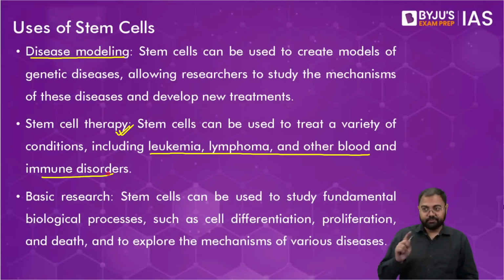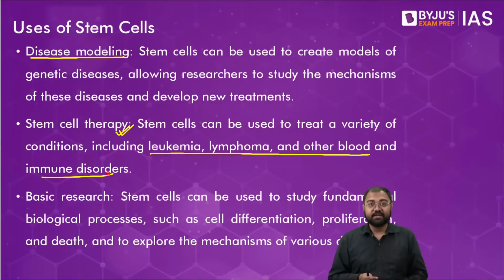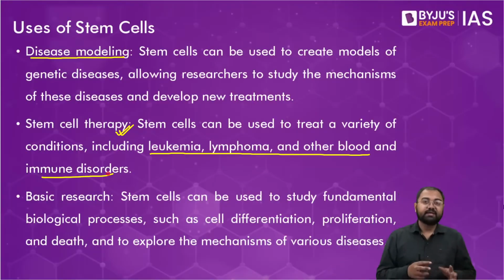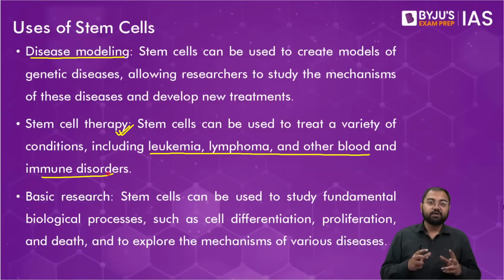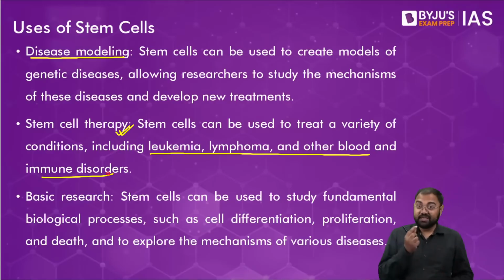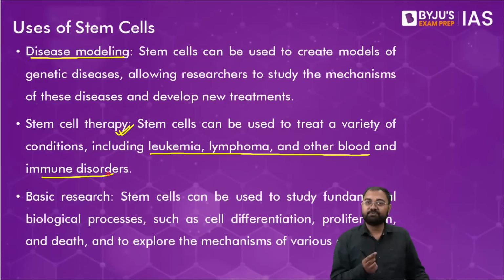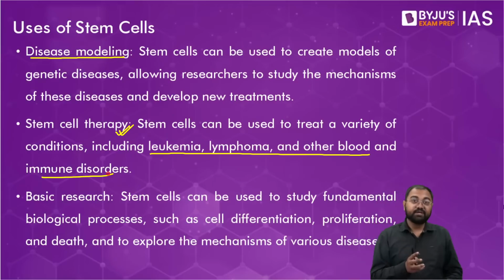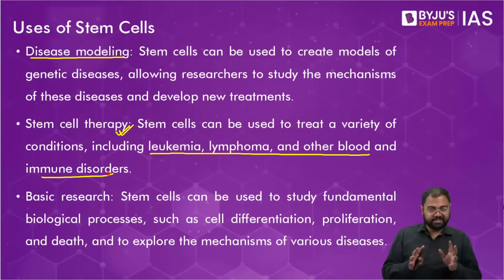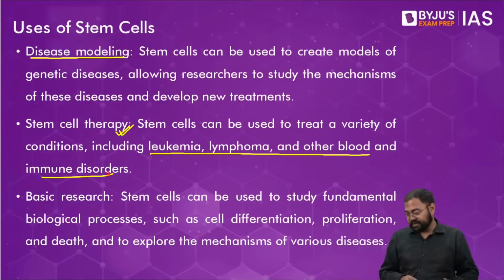And yes, in the future we expect that the success rates will be higher. Of course, these methods are very, very difficult and very, very complex. That's why until now the success that we have seen is very limited. But at least we have tasted success with the help of stem cell therapy, and that's why in the future we believe it will be much better as compared to where we are right now.